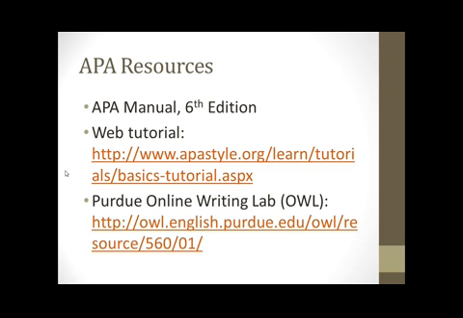There's one on APA style, and I've provided the link here, and it's through the actual APA. It provides a really good basics tutorial and goes through some of those pitfalls I was talking about. And like I mentioned, the other link that's really helpful is the Purdue Online Writing Lab, known as OWL.